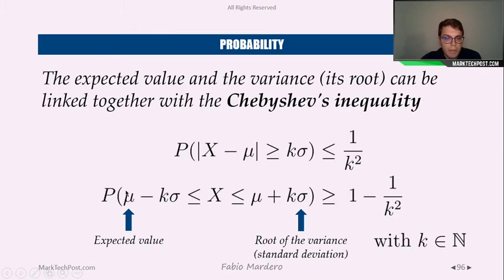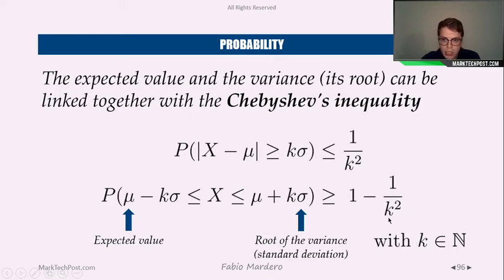It means that the probability of x staying in this range is equal or greater than 1 minus 1 over k to the power of 2, where k is a number that we choose.